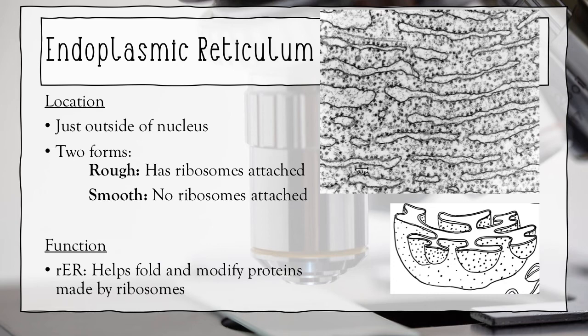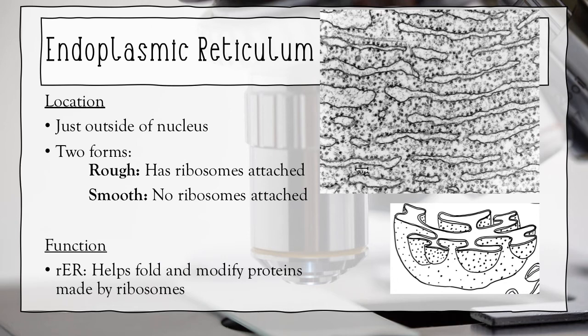This is going to take those proteins that have started to be made, fold them, modify them, make them look ready to go. Okay? So ribosomes are making the proteins. The rough ER is the one that's going to be modifying those proteins.